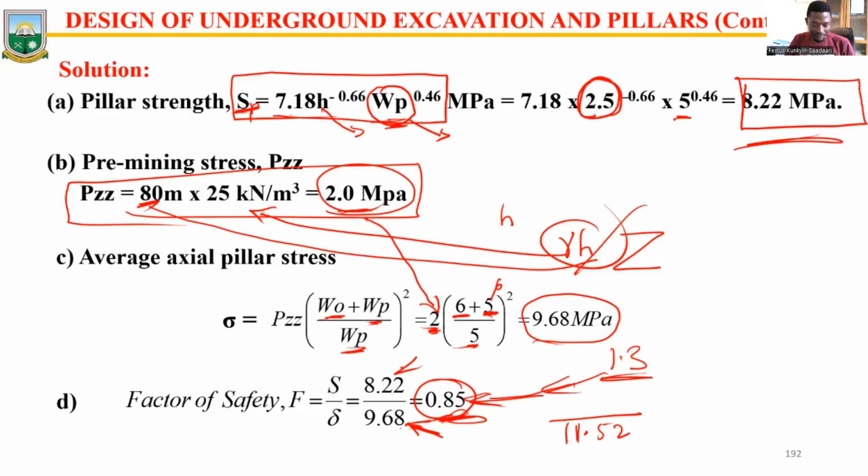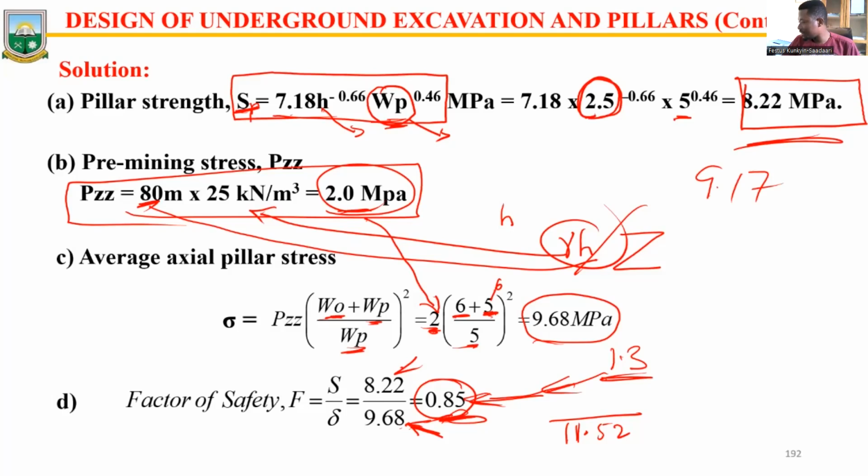Anyone? 0.45, 6 to the power 0.45. I'm getting 9.17 for the pillar strength. 9.17.